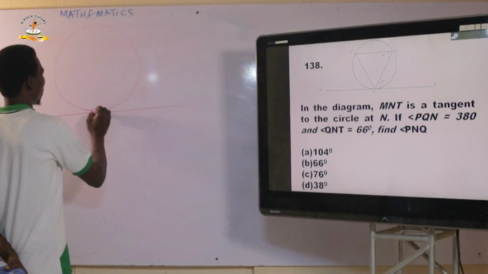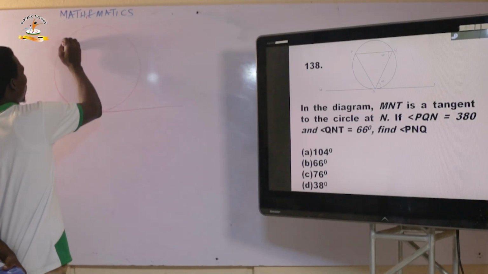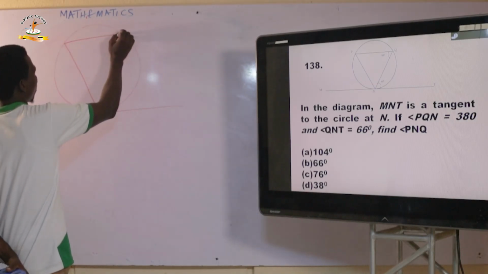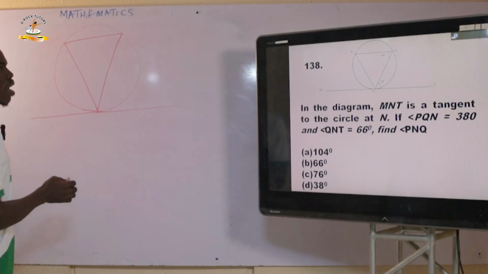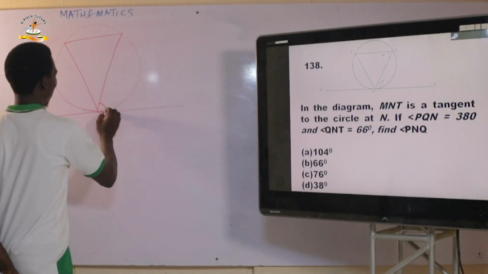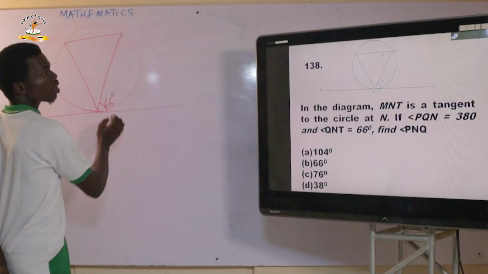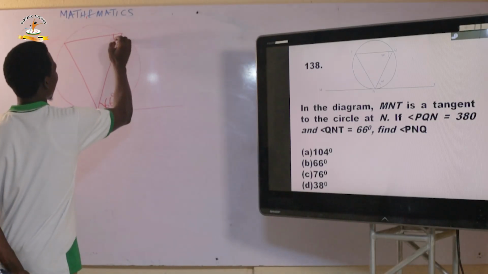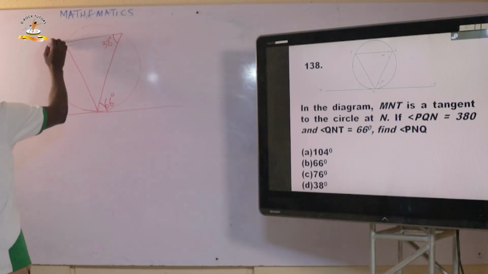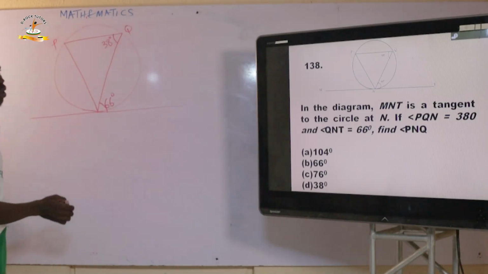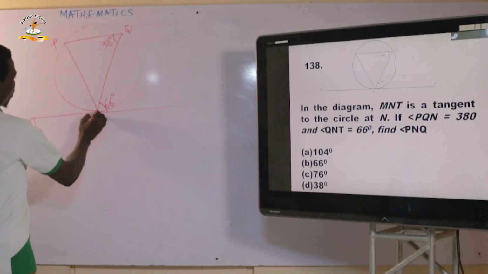However, from this point of tangency, you have this. Yes, and we have this angle here, 66 degrees. We have this angle here, 38 degrees. And this is P, Q, and MNT, that's the tangent.